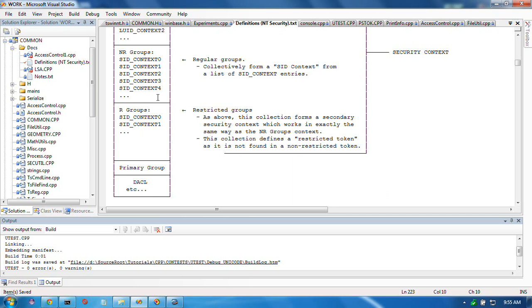Typically, what you do is put some elements into this restricted groups part, thereby reducing, assuming that these are all happy, good contexts, right?